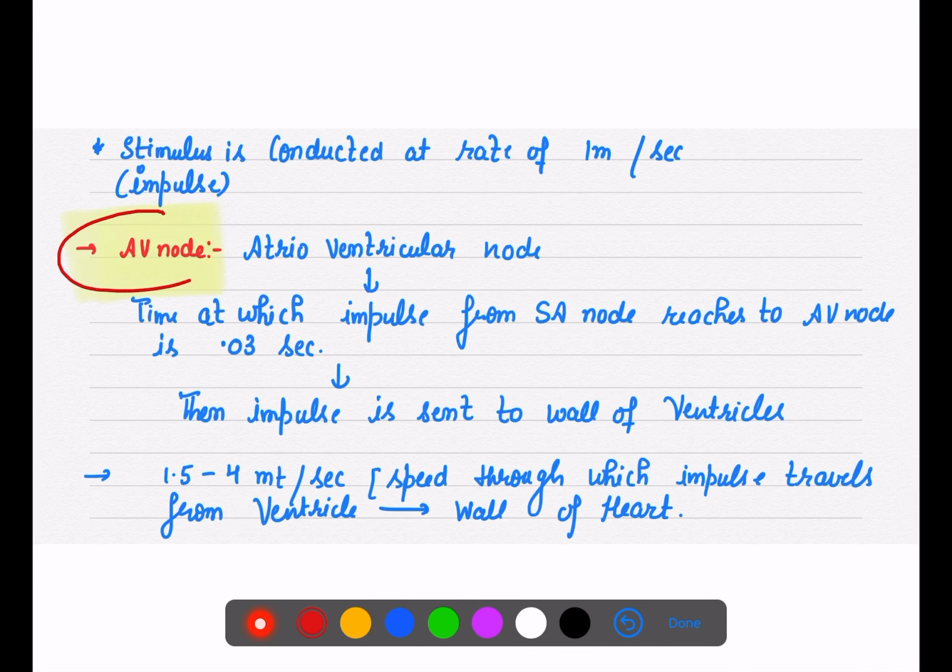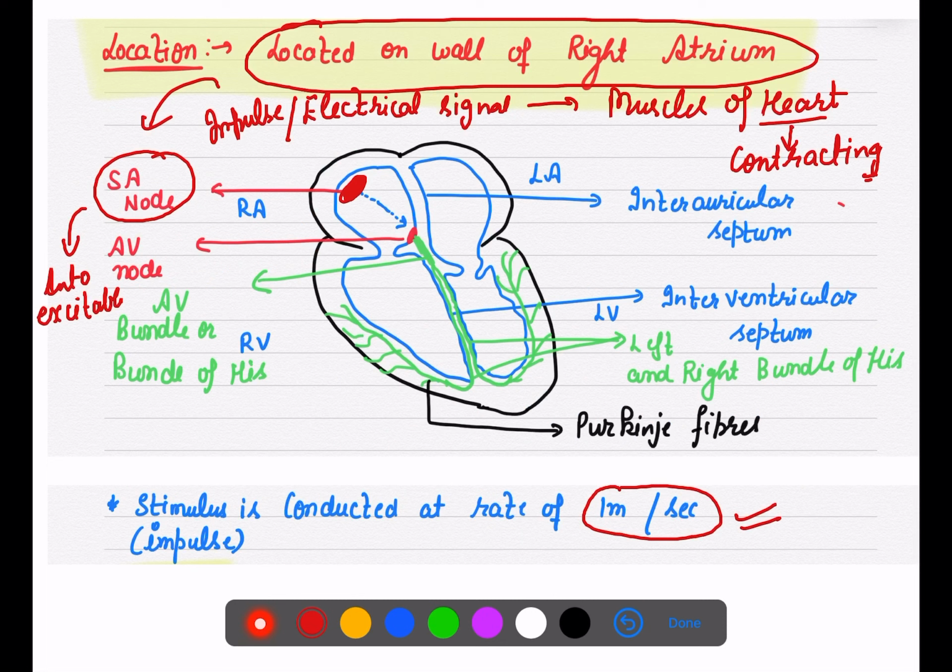There is another node that is called the AV node. This SA node passes impulses to another group of cells which is known as the AV node.